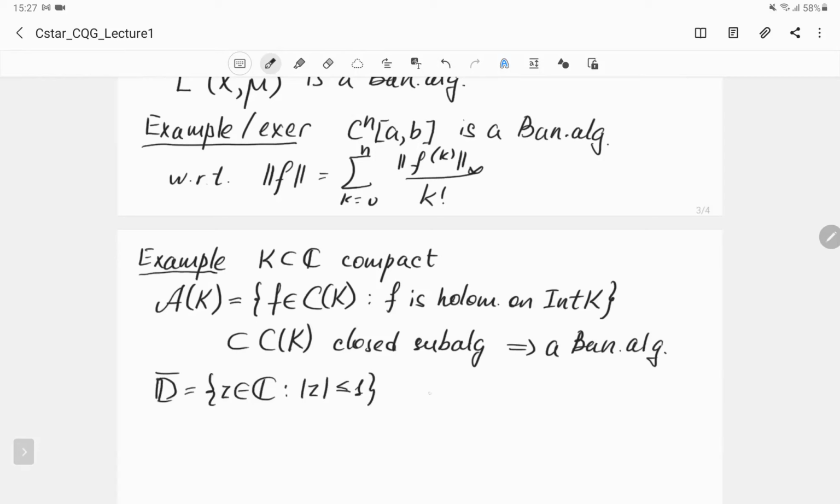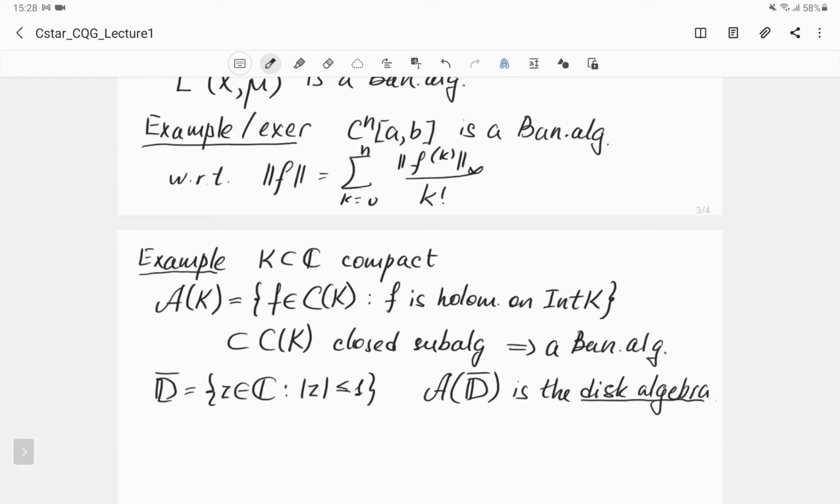Then the respective algebra, A(D), is one of the classical test examples in Banach algebra theory, and it is called the disk algebra. Okay, so all these examples are function algebras.